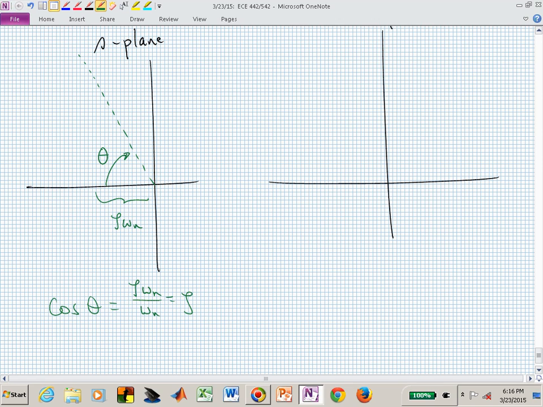If you had a specific point right there, and this was omega sub n, and that's supposed to be zeta omega sub n for the adjacent piece.